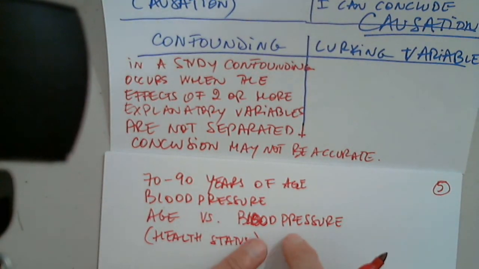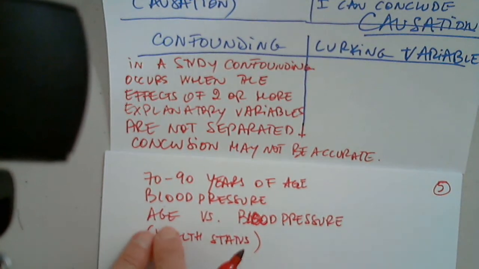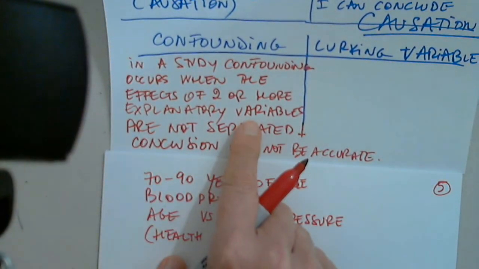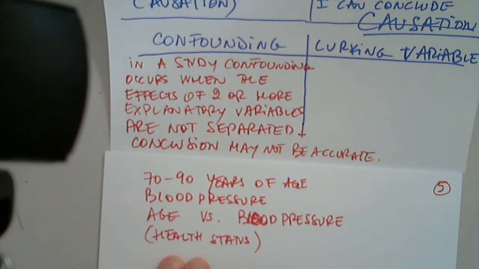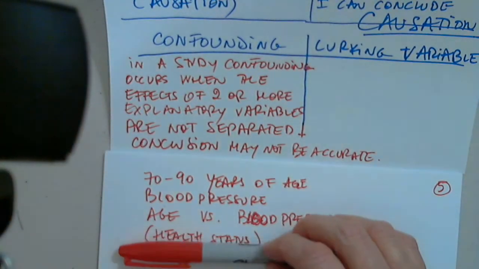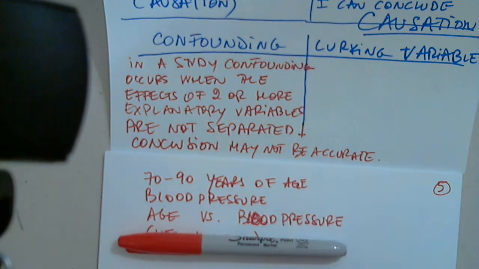So I cannot say that the blood pressure is high or low based on age if I don't look at the health status. Maybe that person is taking medication for blood pressure for different reasons. So that's a confounding explanatory variable of the blood pressure, but I didn't take it into account in the study. So now my results cannot mean much to you. If I say, oh, blood pressure is related to age, at 70 is lower, at 90 is higher, or vice versa.